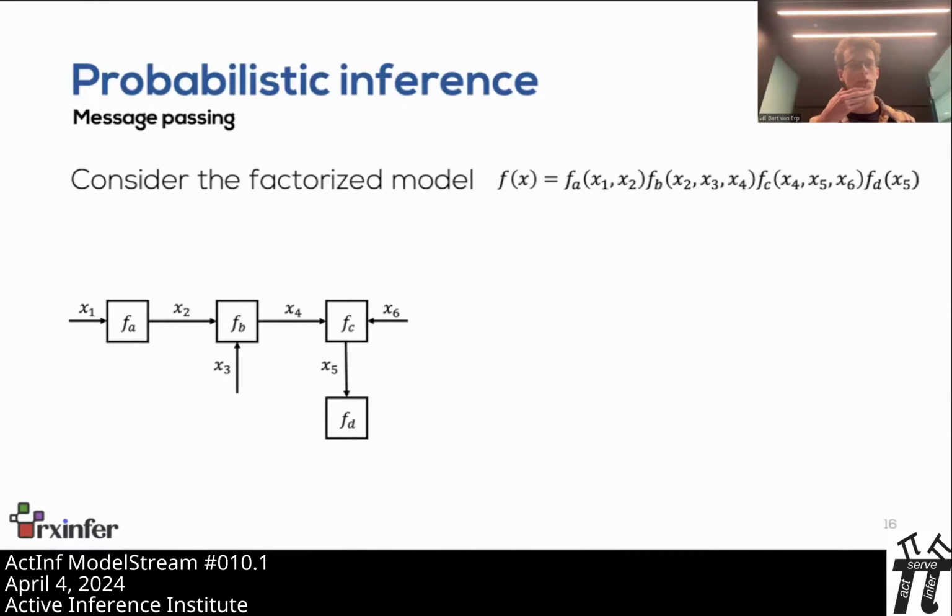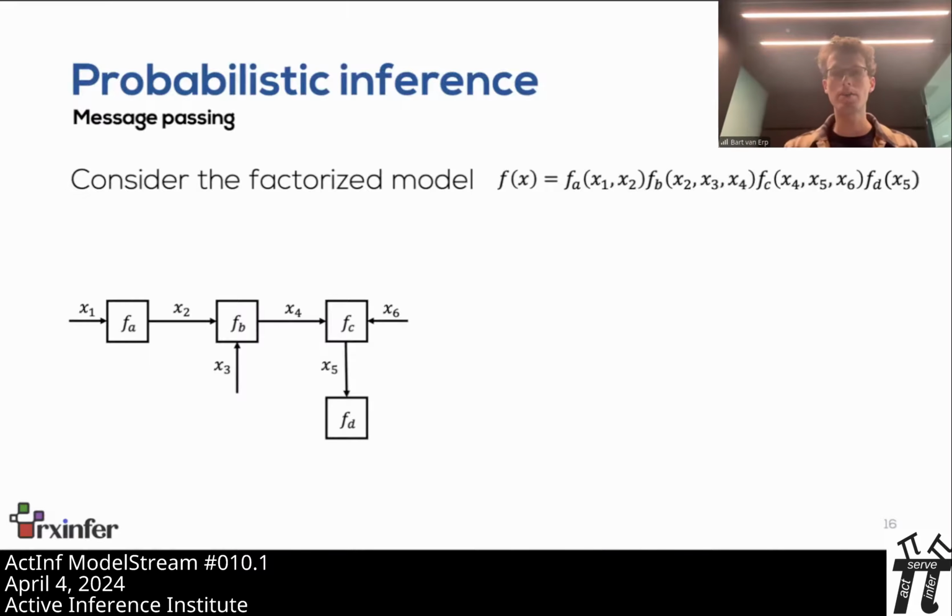So for this purpose, I've created this simplified vectorized model to make sure everyone can kind of follow along. So we have the different vectors, FA, FB, FC, and FD, each linked to some of the variables from x1 ranging to x6. And each vector is only connected to the variables to which it also relates. It's a simple case, right?